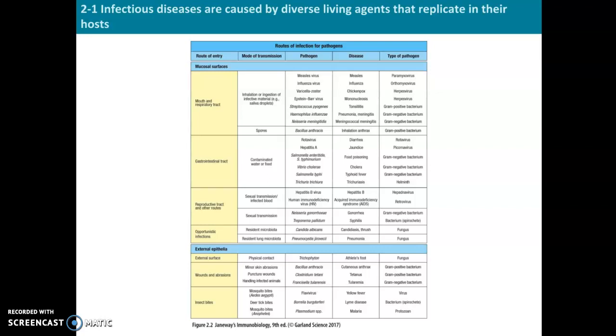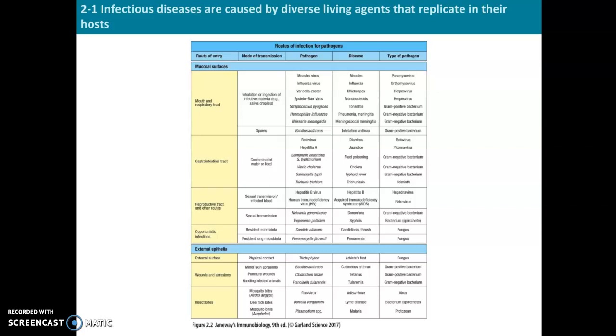You can also have things that are just living in your urinary tract, like Candida, and that can also live in your throat and cause infections. It's a fungus. It's opportunistic, so usually it only gets a hold of you if you're busy fighting off something else.